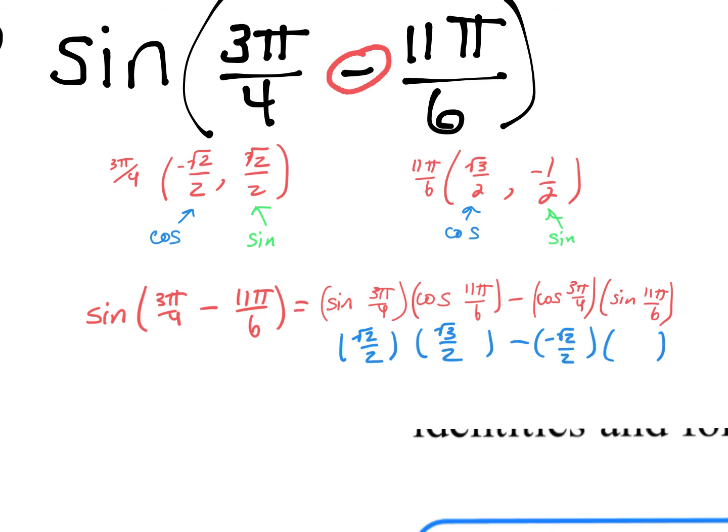Negative square root of 2 over 2. And what is the sine of 11 pi over 6? Negative 1/2. If you guys write down this right here, you don't even have to think when you plug in the formula. You're literally looking at 3 pi over 4 and you've already drawn an arrow to what the cosine is. So you just fill in. It makes your life so much easier if you guys do that one extra step.